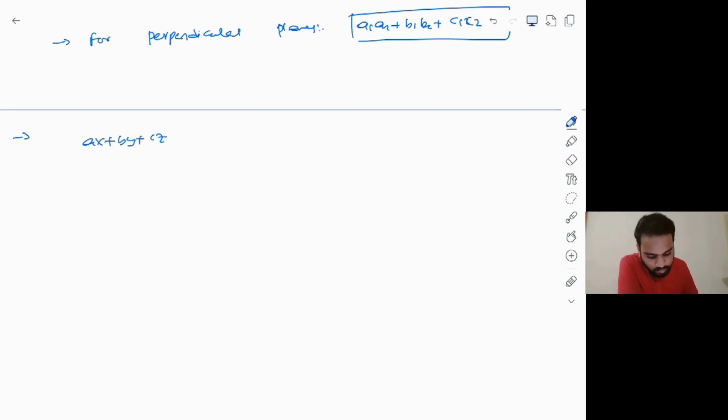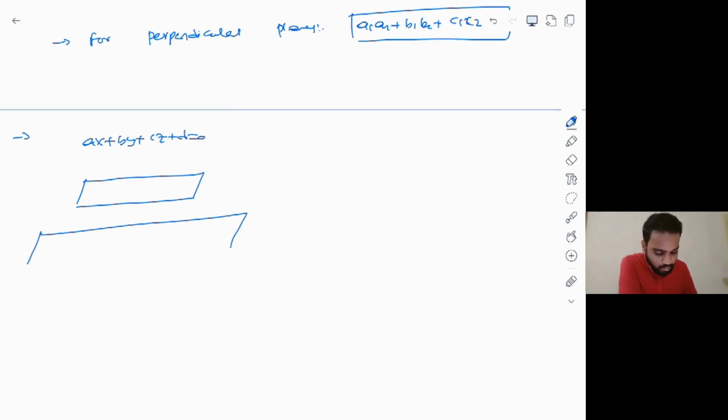Now, if you want to assume any plane which is parallel to this plane, let's say in the question there is a plane P1 which is parallel to the given plane P. In that case, you can simply change the constant and assume it, just like straight lines. You can take the required plane as ax plus by plus cz plus some lambda is equal to 0.